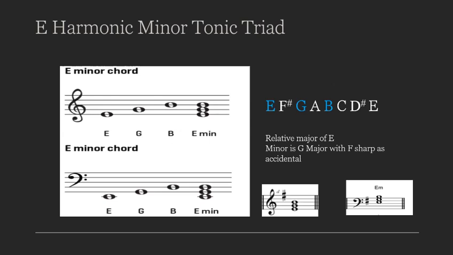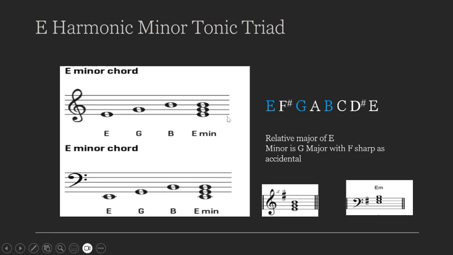G major. So G major is a relative major of E minor. Then in G major, there is an accidental note, which is what? F, sharpened F. F is sharpened. Now, that is why you can see that the second note here is sharpened, because that is the note that is sharpened in the relative major.